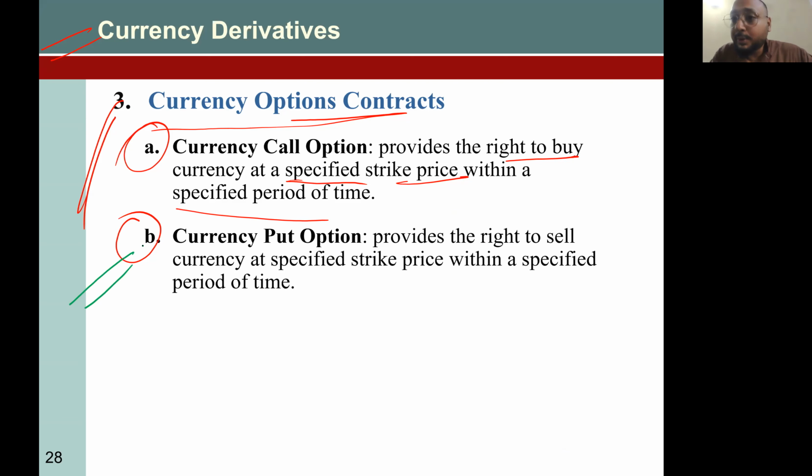And in currency put option, it is the opposite one. But remember this one, these are two different contracts. In currency call option, the contract provides the right to buy currency at specified strike price within specified period of time, right? But here, the currency put option provides the right to sell.